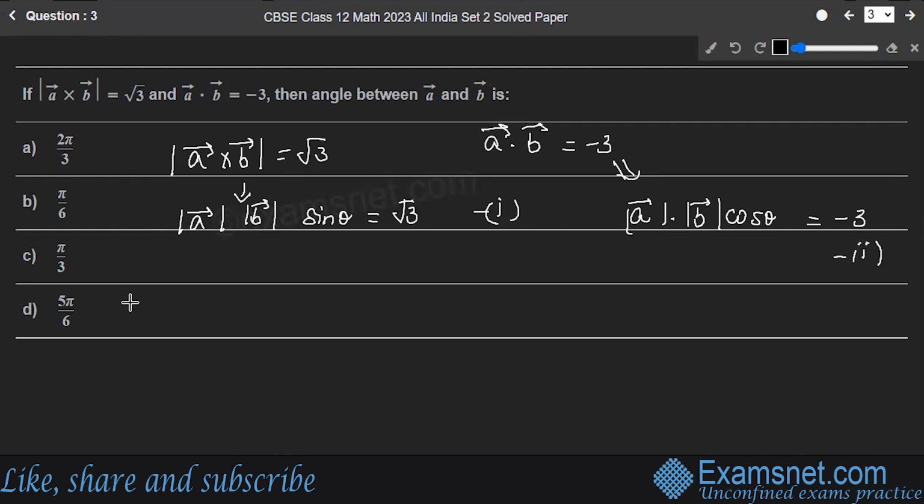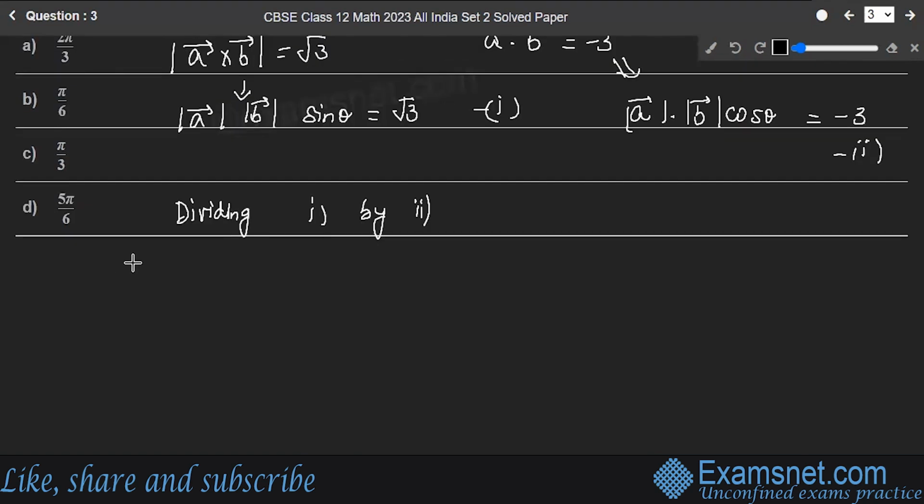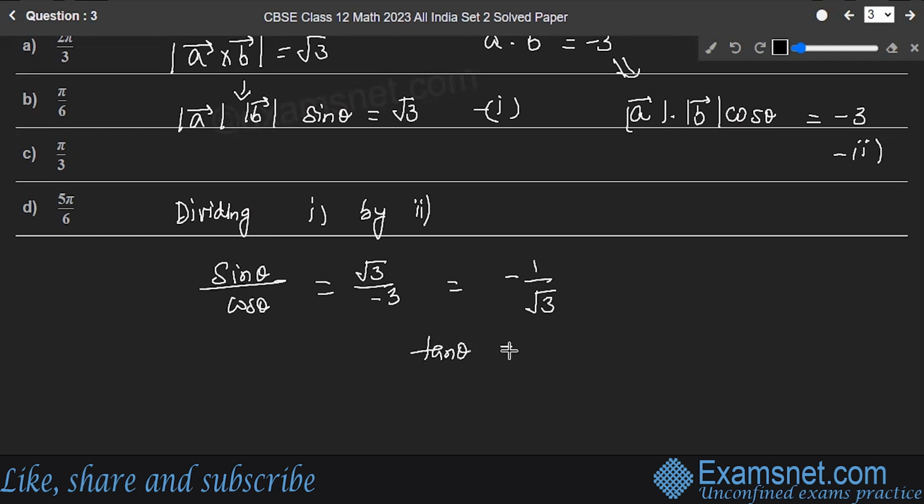Now dividing 1 by 2, what you get is sine theta upon cos theta is equal to root 3 upon minus 3, which is equal to minus 1 upon root 3. So tangent theta is equal to minus 1 by root 3.